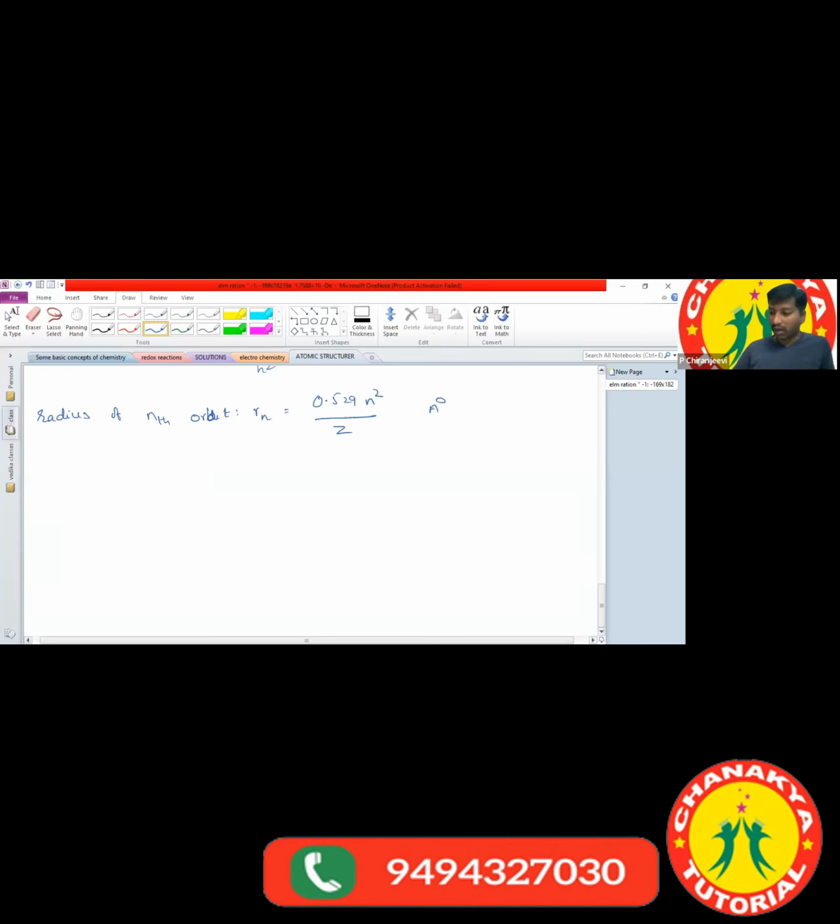Clear? One more formula is there, to calculate the velocity. Velocity is equal to 2.188 into 10 power 8 divided by n centimeter per second.